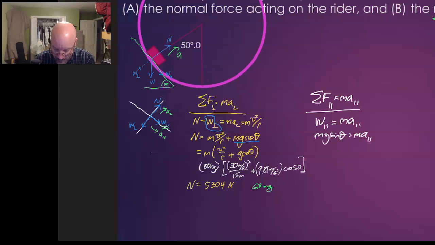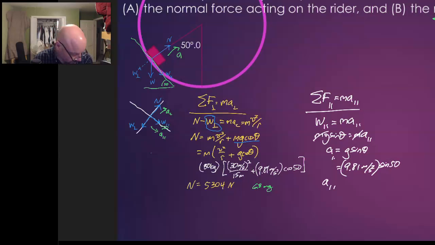My m's cancel, and my acceleration there is just going to be g sine theta. So if we put in some numbers, 9.81 meters per second squared, sine 50 degrees, the parallel component is 7.51 meters per second squared. Okay, so that's pretty impressive.